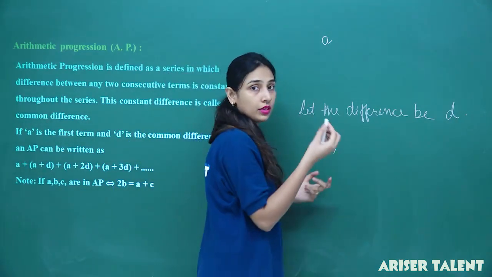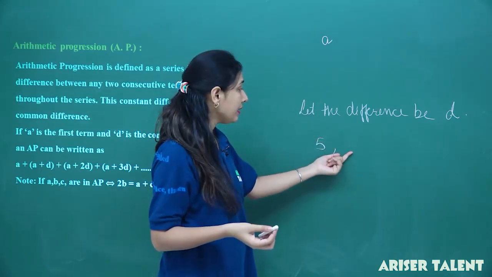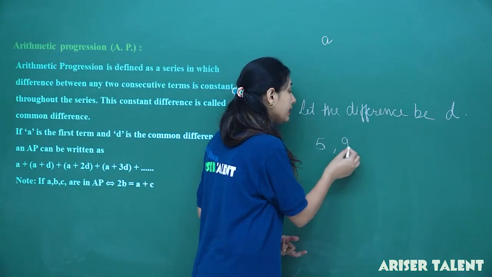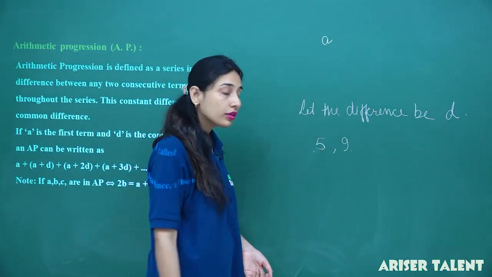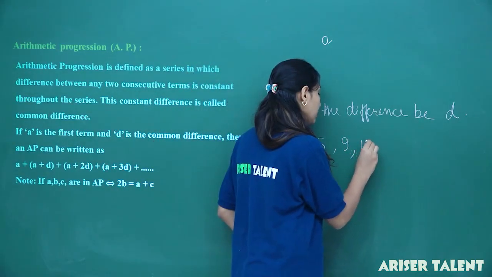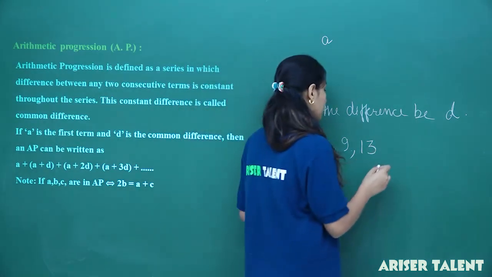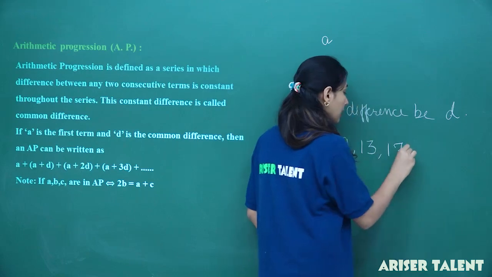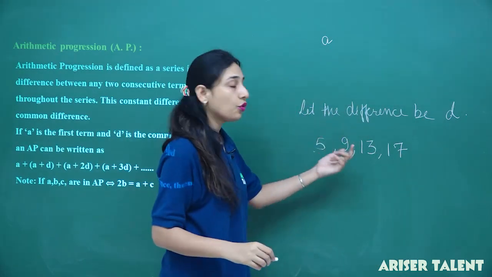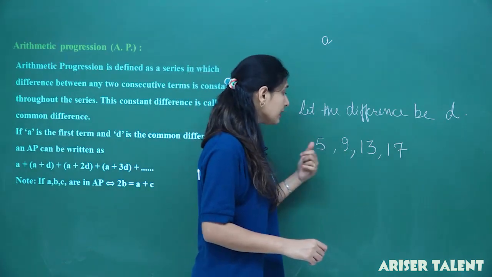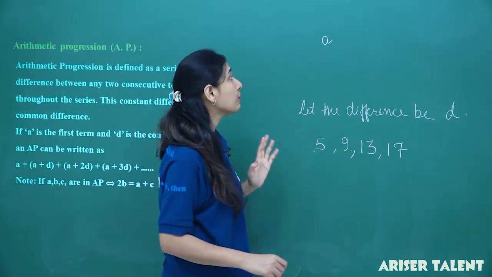So 5 and what will be here, so that the common difference will be 4? 9. So 9 minus 5 equals 4. Then 13, then 17. Now 17 minus 13 is 4, 13 minus 9 is 4, 9 minus 5 is again 4.